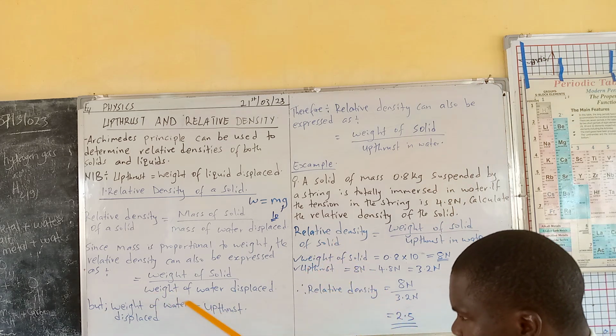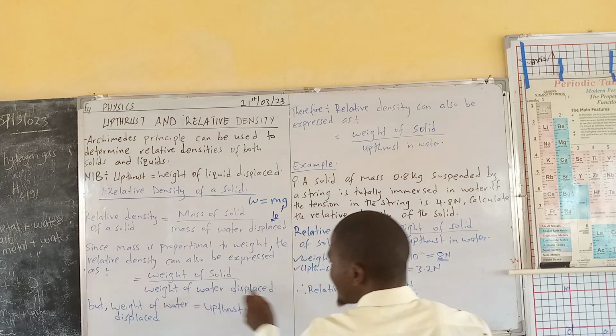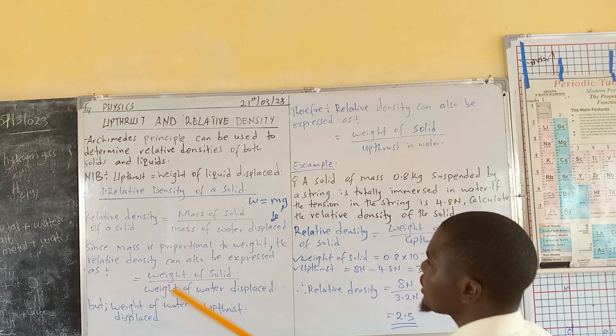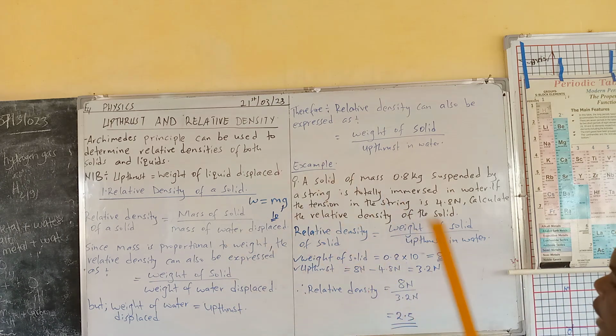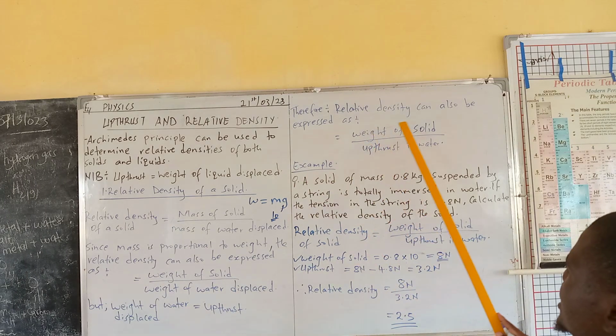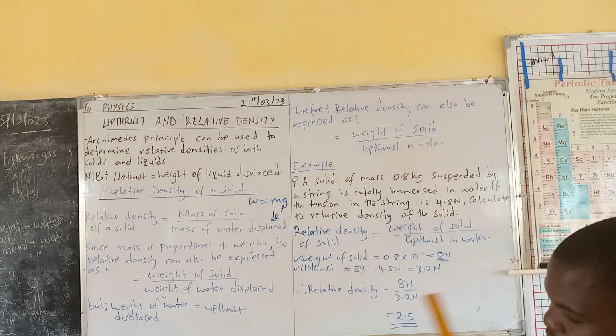Initially we were talking of weight of water displaced, but weight of water displaced is equivalent to upthrust. So in the place where we have weight of water displaced, we can replace it with upthrust. So the weight of a solid divided by upthrust in water gives you the relative density of that particular solid.